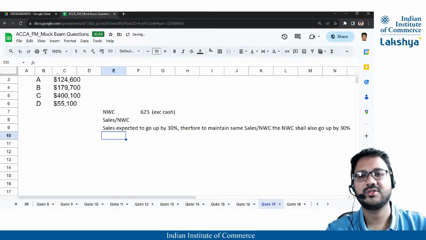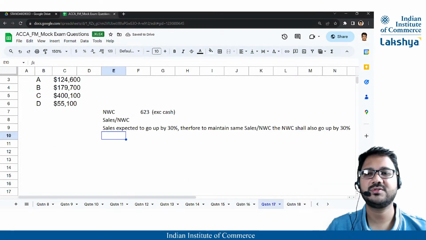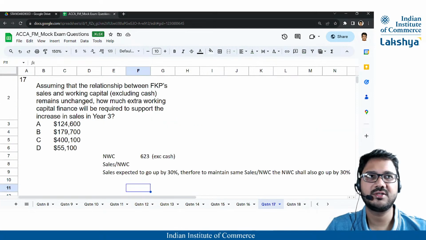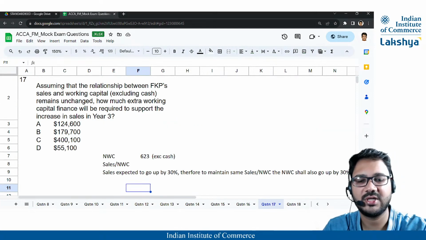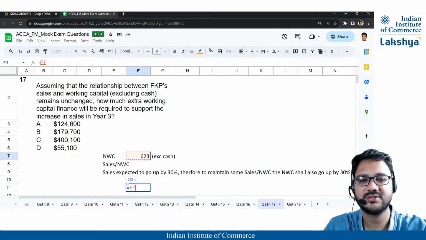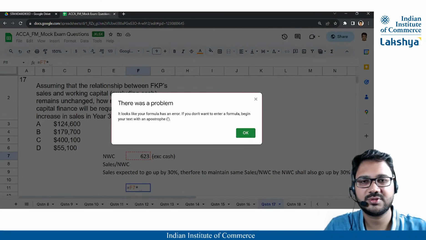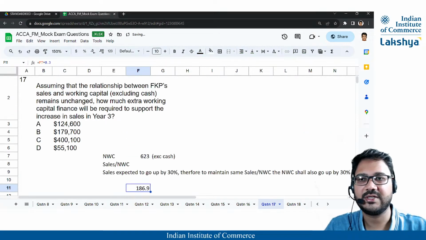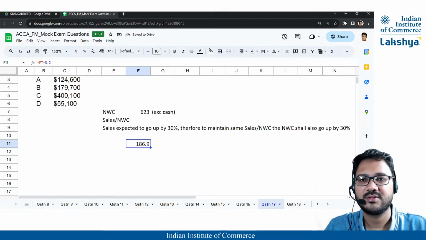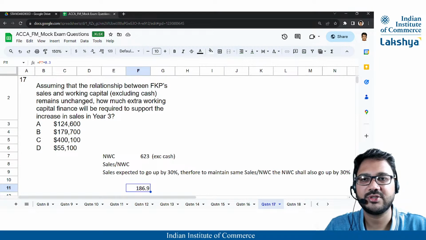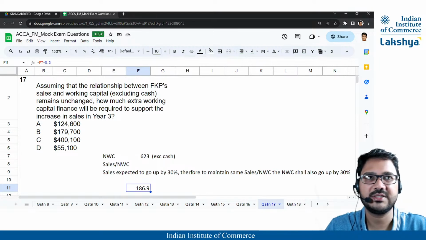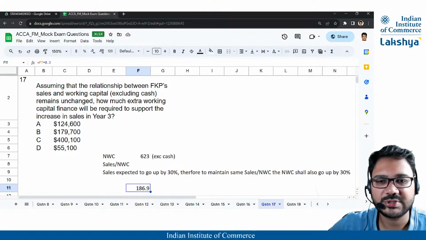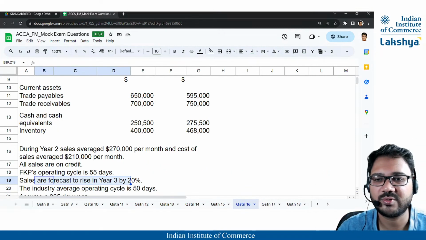I'm just writing this for your reference. In exam, you can just directly calculate the increase. So they are asking by how much should it increase? Sorry, it's not 30%. It was 20%.